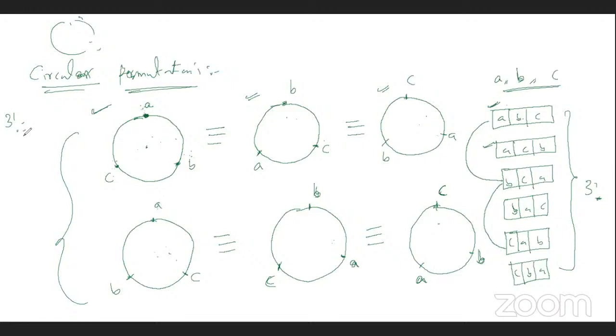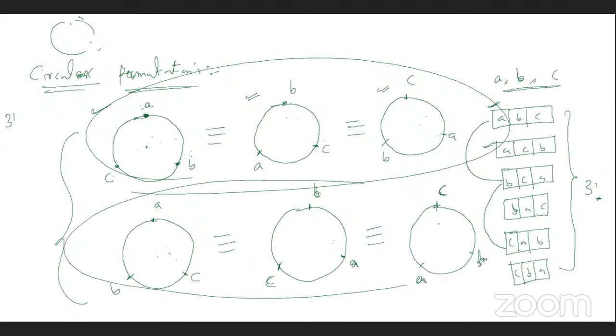With this 3 factorial, if you write all the linear permutations, we can have n duplicatives. So 3 duplicatives are there, and these 3 I am considering as 1. So to get the circular permutations, what should I do? Divide by 3. Yes, sir.